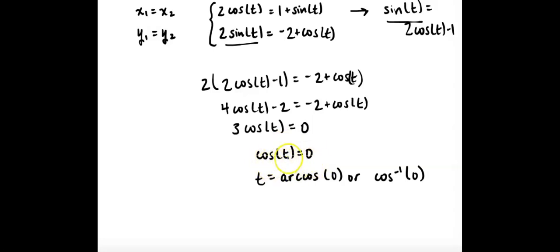All right, we know cosine of t is 0 at the values t equals pi over 2 and 3 pi over 2. All right, but to confirm that these are both truly collision points, we need to plug them both back into our system of equations.